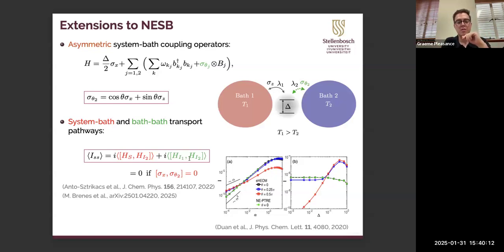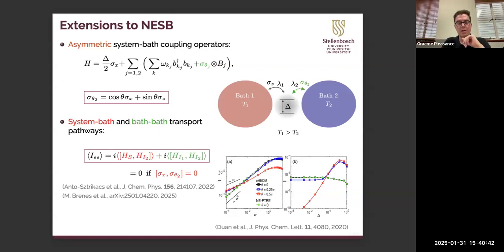But interestingly, when you activate this alternative bath transport pathway, when this is dominant and you decrease this energy splitting, the heat current actually remains completely invariant. It just goes flat. This represents a bath transport in the sense that the system mediates the transfer of excitations between the hot and the cold reservoir, but it doesn't actually become excited in the process.